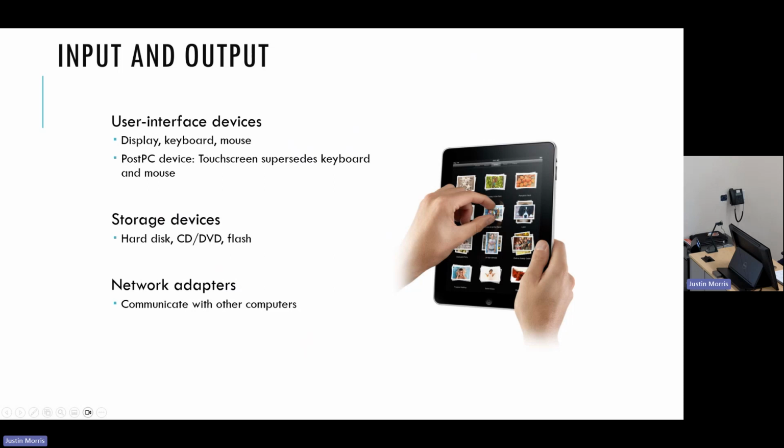These all have their driver software, which is running at the operating system level because they need to be able to interrupt so that you can get responsive user inputs and outputs. You have storage devices. So this is where you're going to store your programs, your data, your pictures, right? And then we also have network to communicate with other computers.